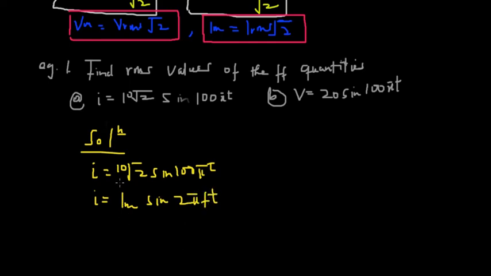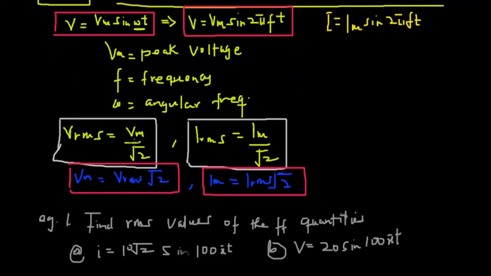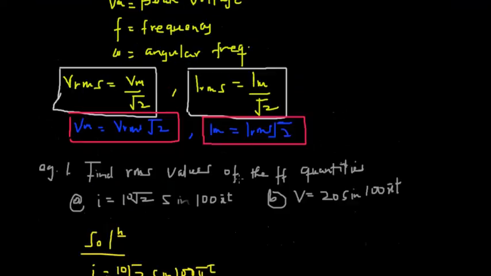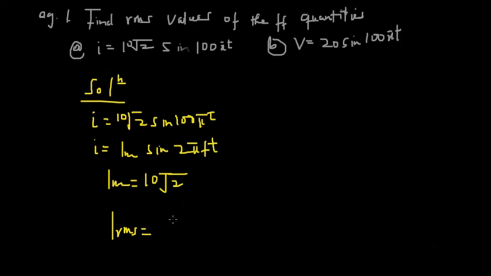So from here you could notice that our peak current is equal to 10 root 2. So now we could just find our root mean square current. We know that it is the peak current divided by root 2. That's how we find our root mean square current.